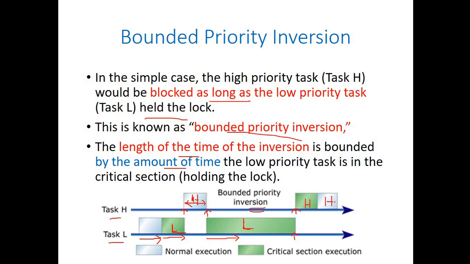In this way, for a certain amount of time, task H is made to wait by the low priority task. So this is called bounded priority inversion, because both task H and task L require the same resource lock. That is the reason task H is made to wait for the release of the lock by task L.